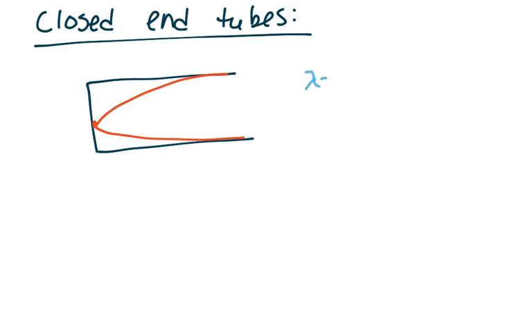This is where the 4 comes into play, because I'm going to need 4 lengths of this tube in order to get the full wavelength. So for these, your wavelength is equal to 4 times the length of the tube, or air column, divided by the harmonic number. So this one is the first harmonic, or the fundamental frequency.